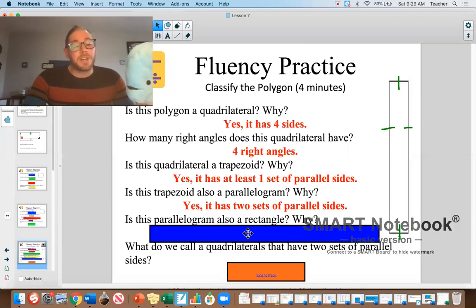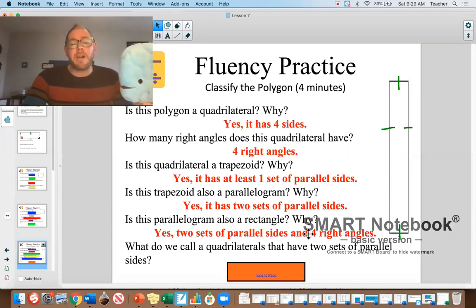Well, brain, what do you think? Yes, two sets of parallel sides and four right angles make a rectangle. You're right, so it is a rectangle.